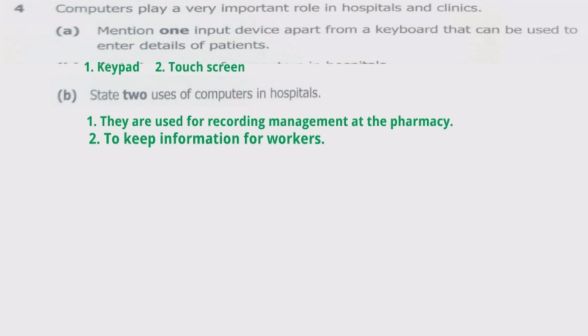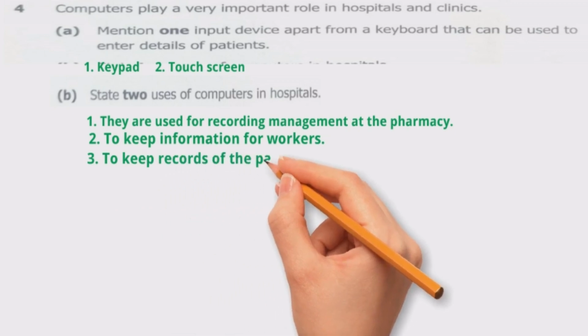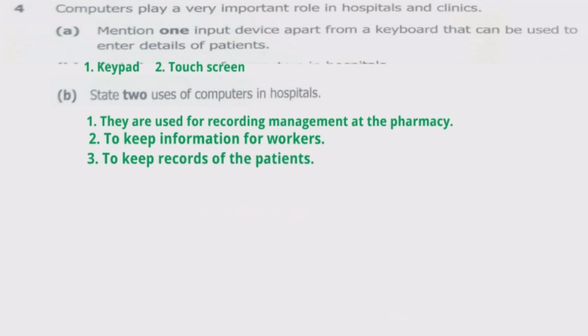The other one is to keep the records of patients. Nowadays it's very easy, as you can see in most towns where computers have been introduced. You will never see people going to the hospital with books nowadays. They just say the name and the data is given to the medical personnel.